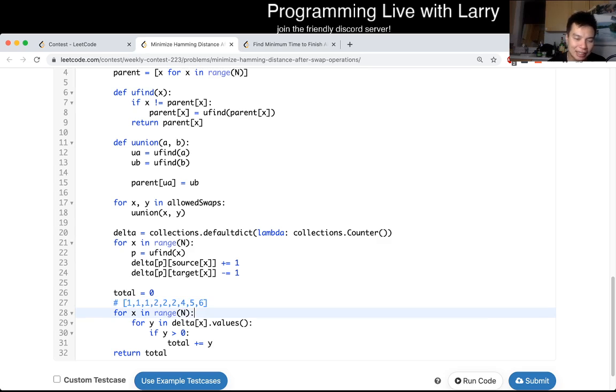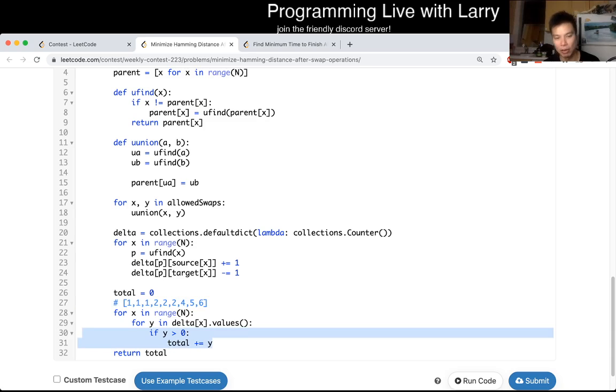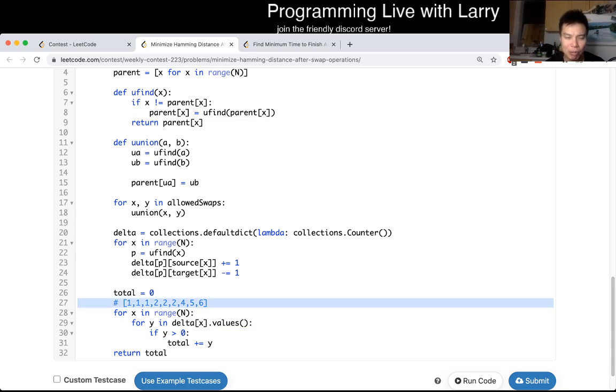But for each number that's in here, we only count it once because it can only be in delta sub x once, right? So that's why this is O of n. You amortize it based on, for each index it can only be in one place, and because each index can only be in one place, this can be added at most once, so that's going to be O of n. That's all I have for this problem.